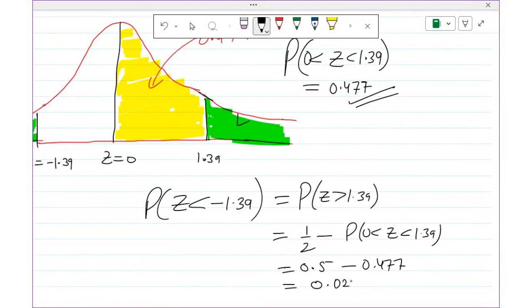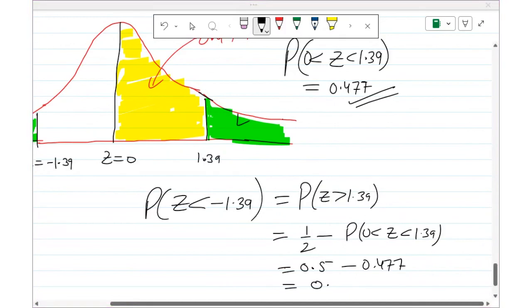If you do this subtraction, you will get 0.023. No. Let me see. Everything is fine, I have done it correctly. Out of 0.5, if I am subtracting 0.477, I hope I have written it correctly, right? 0.5 minus 0.477 is 0.023.